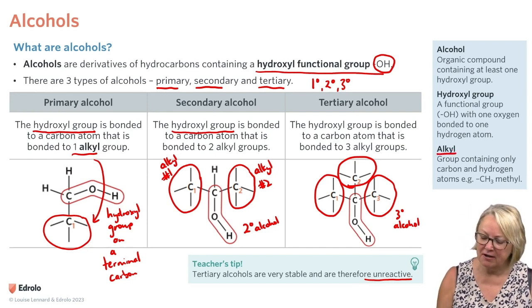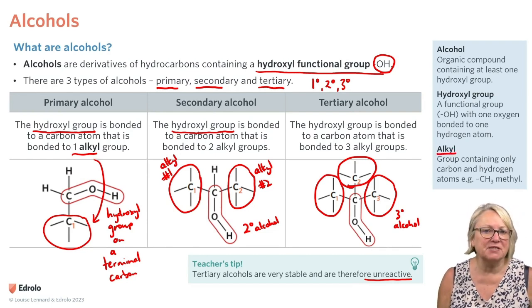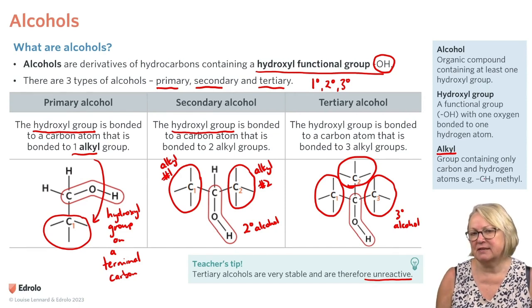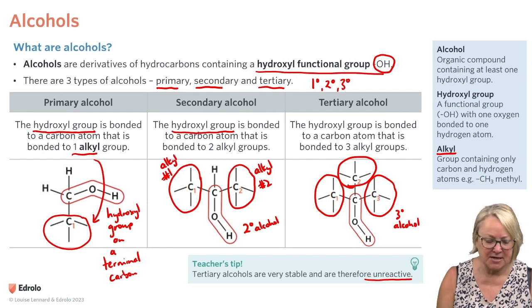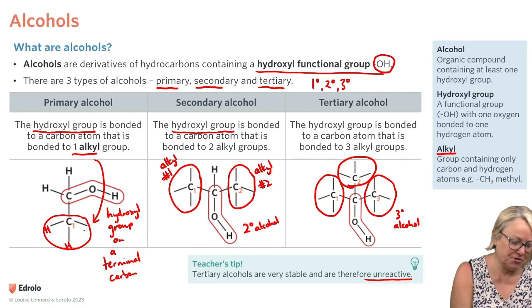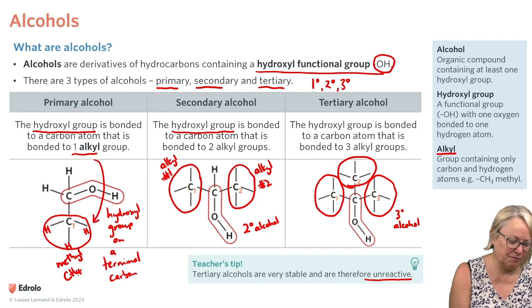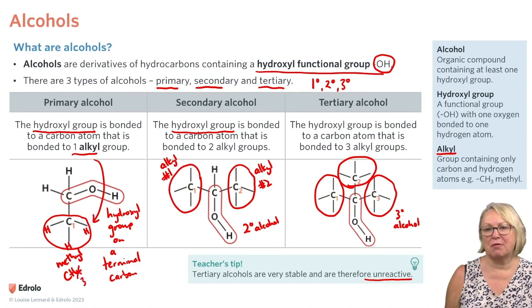Now, an alkyl group is a group that contains only carbon and hydrogen atoms, and they're derived from the alkane series. So a CH3 group would be a methyl group. It's like methane, we take off one hydrogen and we've got a methyl group.